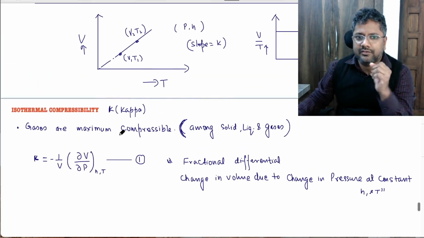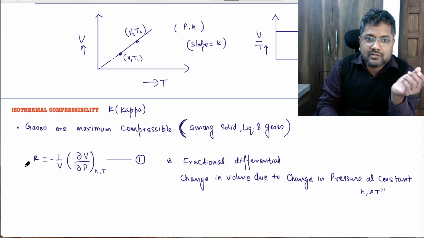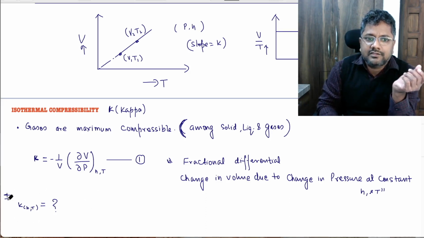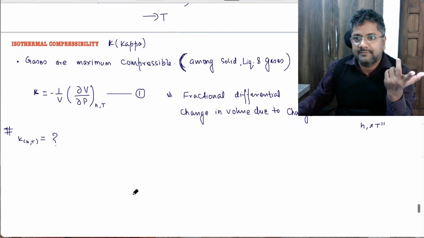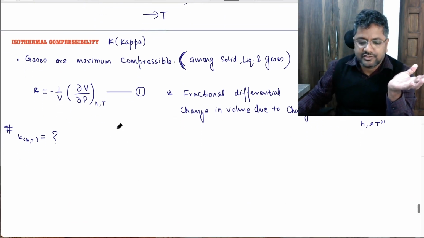How do you find the value of this isothermal compressibility kappa? N and T are constant. So how to evaluate it? You can use Charles' law, sorry, Boyle's law, because in Boyle's law N and T are constant.